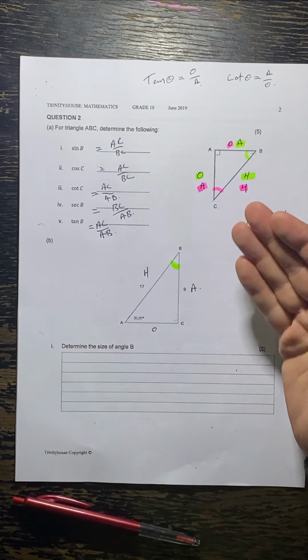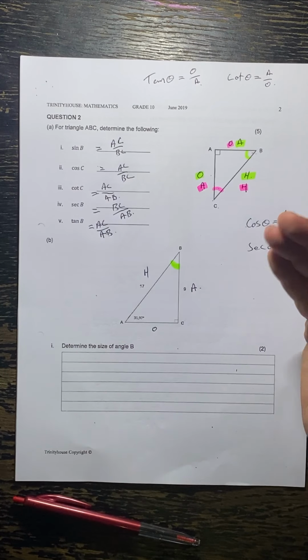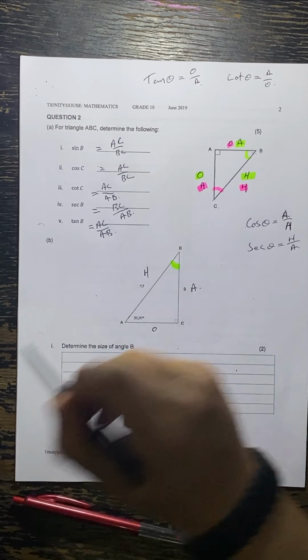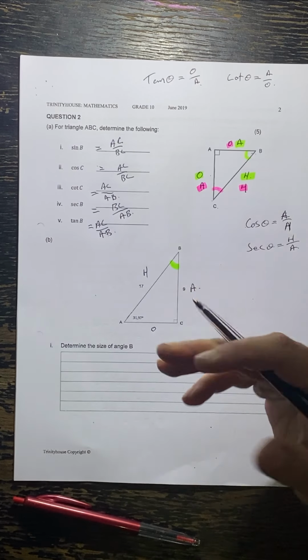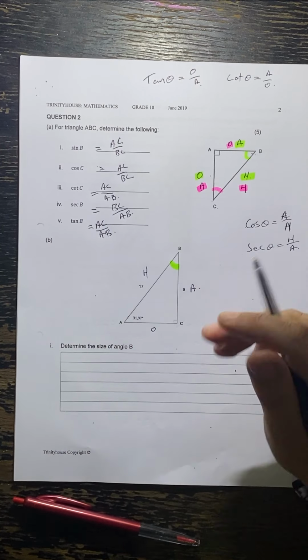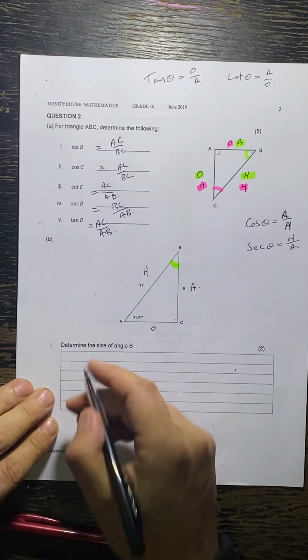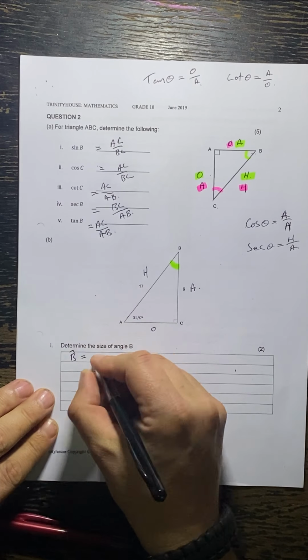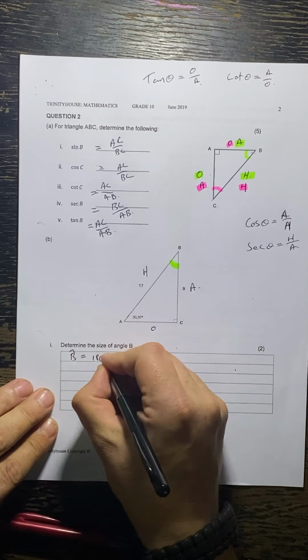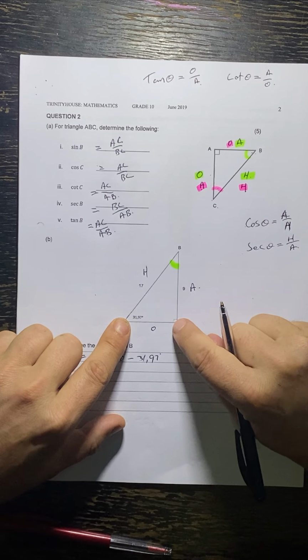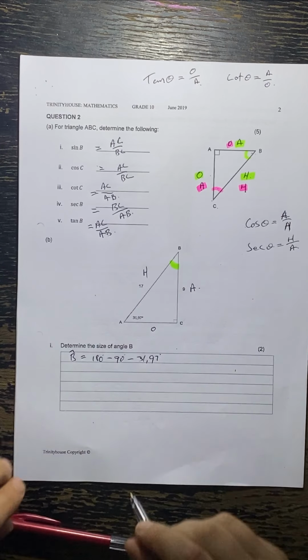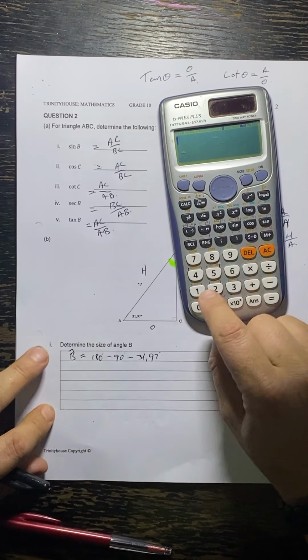Now, there's two ways we could do this. We could use trig functions, or as you can see here, we've got angles in a triangle. I'm going to do it both ways so you can see. The first one: B is equal to 180 minus 90 minus 31,97, because it's angles in a triangle. That's 90, 31,97, and we can work out what that is.